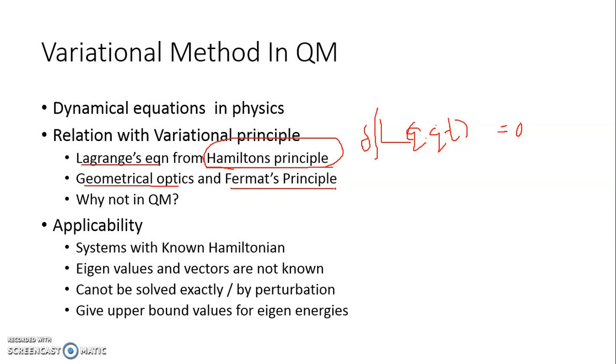The delta variation of the time taken by a ray of light in traveling from one point to another, even through a set of media, will be an extremum, or mathematically delta t will be equal to 0. From this extremum principle you have derived the various principles in geometrical optics, involving the fundamental laws of reflection, refraction, etc.